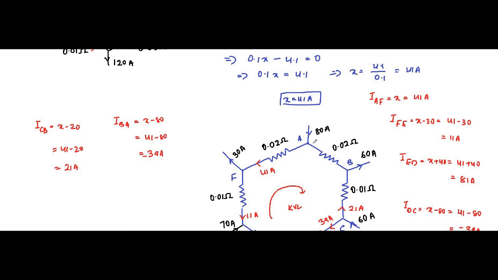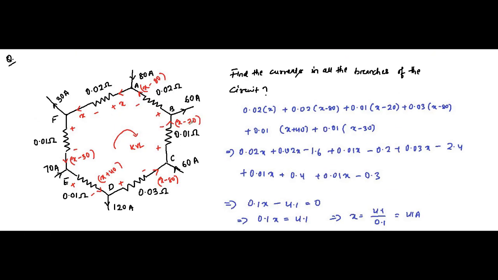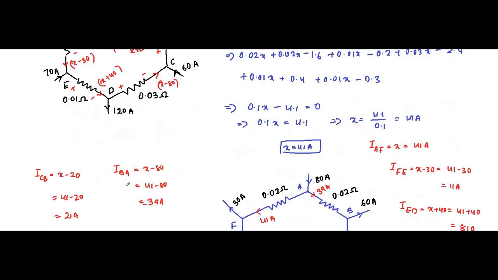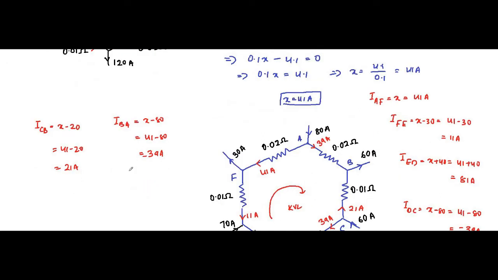It will be not BA but A to B, in this direction, 39 ampere. We assumed it moving from B to A, but it came minus 39. Magnitude is right, so it is actually from A to B, IAB, equal to 39 ampere.